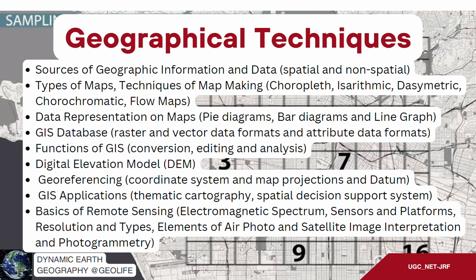Then types of maps, which include techniques of map making like choropleth, isometric, isarithmetic, dasymetric, chorochromatic and flow maps. Then data representation on maps includes the pie diagram, bar diagram, and line diagram. And the GIS database includes raster and vector data formats and attribute data formats. And functions of GIS like conversion, editing, and analysis.